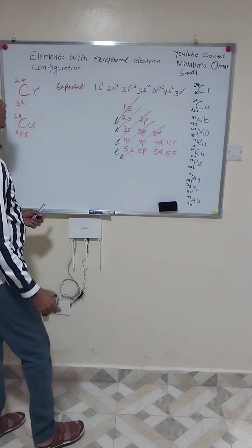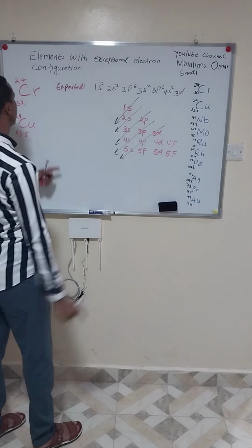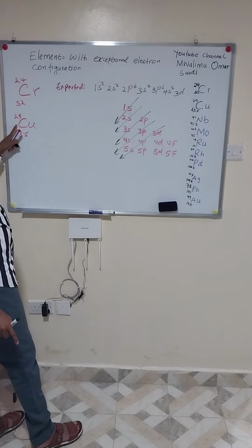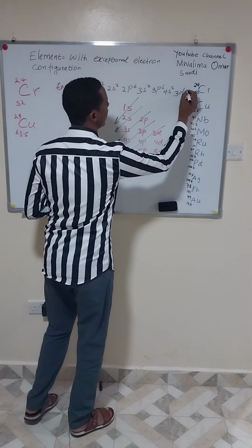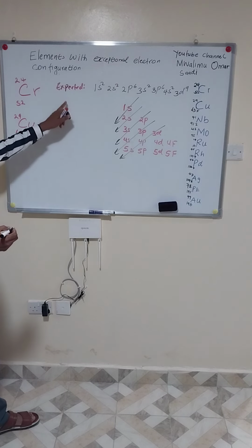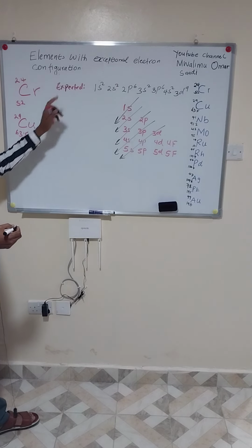These are 20 electrons, and copper has 29 electrons, so we are remaining with 9 electrons. So d can have 9 electrons there. So this is now the expected electron configuration of copper.